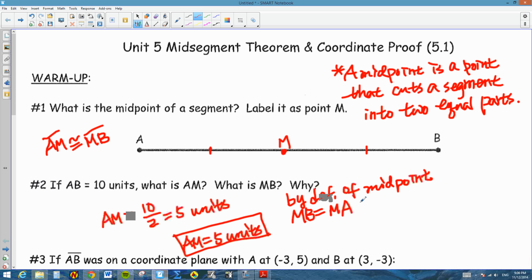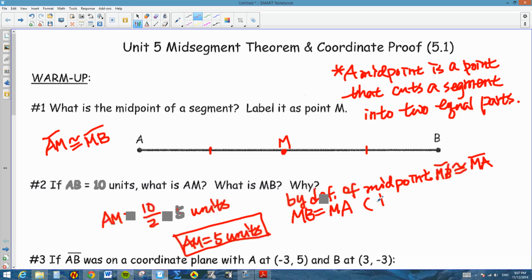Therefore, the length of MB must equal the length of MA.